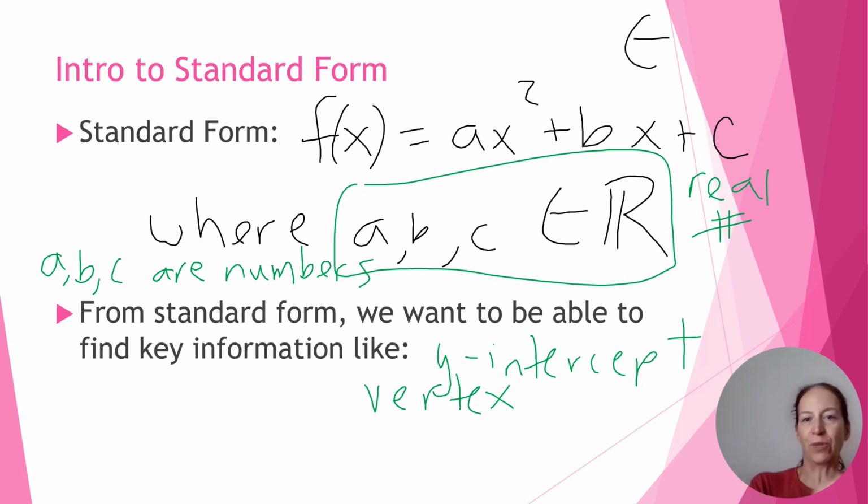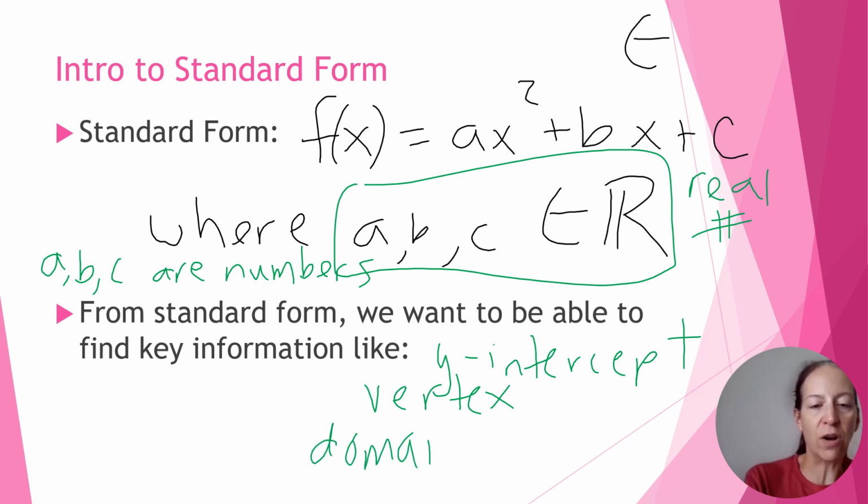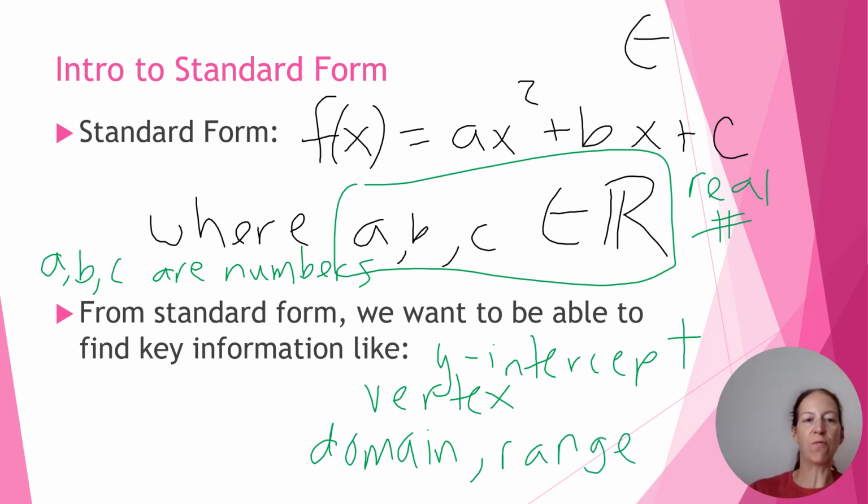Vertex form is really easy to get the vertex. Standard form is not as easy to get the vertex, but that also doesn't mean that we won't ever need to find it. Okay, and so we want to be able to get the vertex from this form. We are also, like I mentioned before, going to focus today's lesson on domain and range. So we're going to dive deep into the domain and range of quadratics.